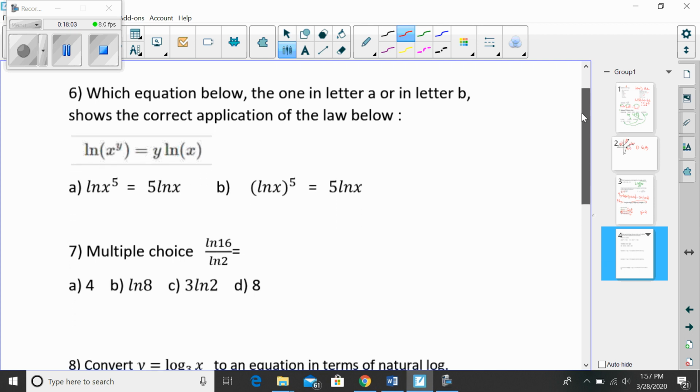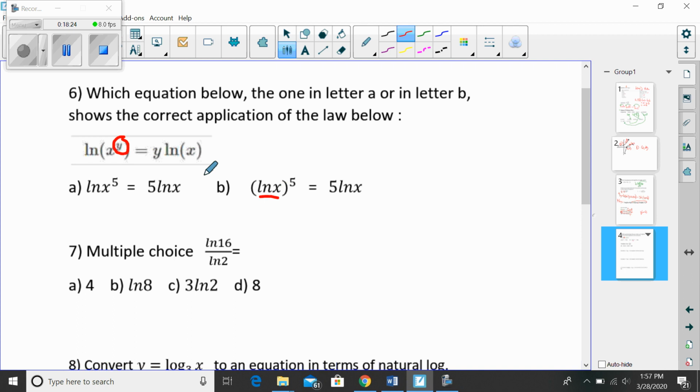Another thing that students will do incorrectly is they'll apply the power rule incorrectly. Okay, so look at these two expressions and notice the difference. This is natural log of x to the 5th. This is the quantity natural log of x raised to the 5th.